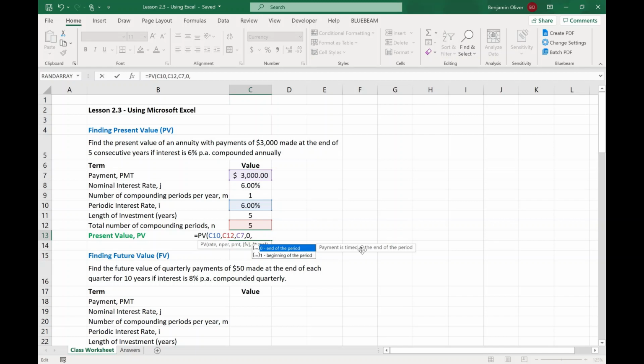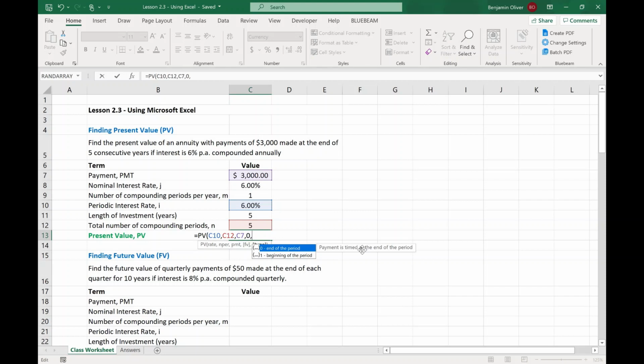So we're talking about ordinary simple annuities in this unit, which means that payments are at the end of each period. Later in our course, we are going to talk about annuity due. Those are when payments are at the beginning of the period. So that changes what your present value calculation would be. The normal assumption is payments are at the end.